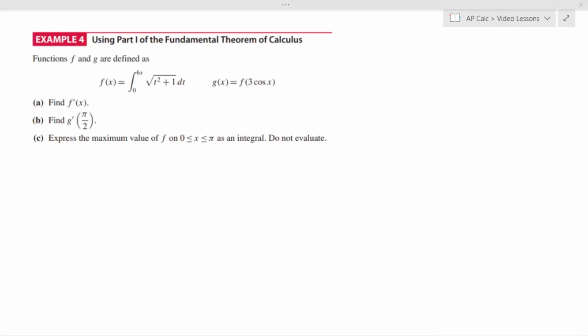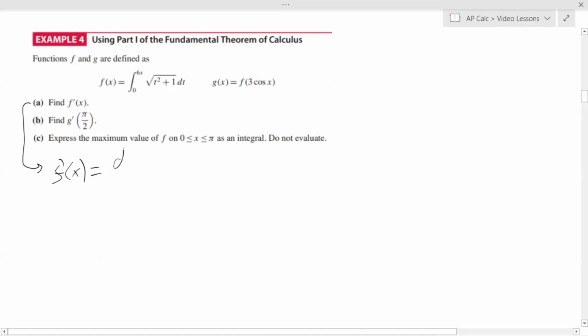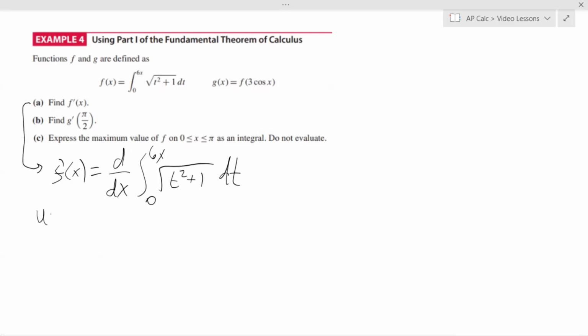So if we find f prime, okay, so f prime of x is equal to the derivative with respect to x of the integral from 0 to 6x of root (t squared plus 1) dt. In this case, our u is 6x, so u prime is going to be just 6.